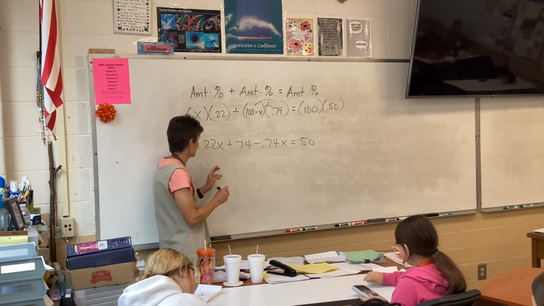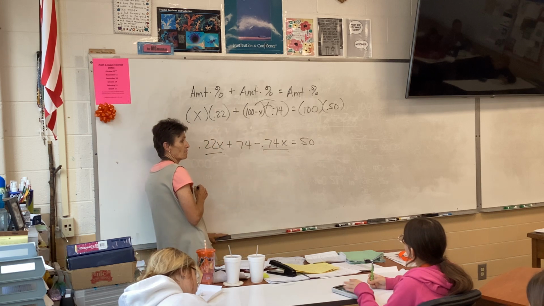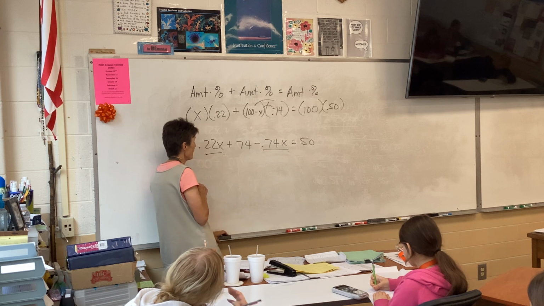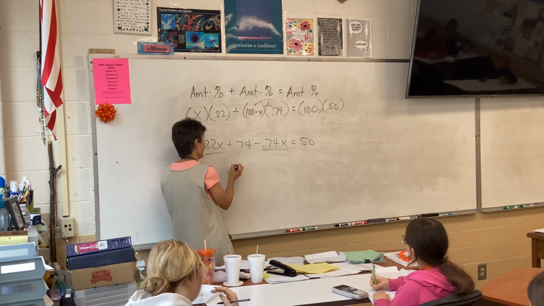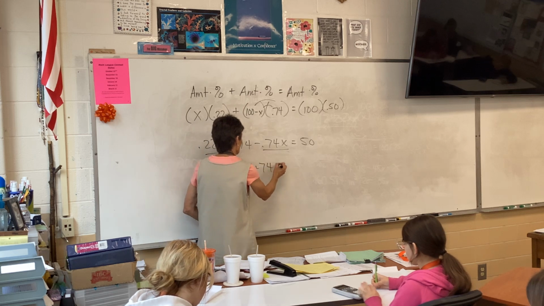Before you do much, should we combine like terms here? We didn't have to do that the last problem, but we did this time. So what is that? Negative 0.52x? Yep.